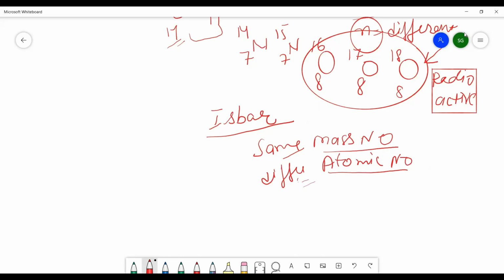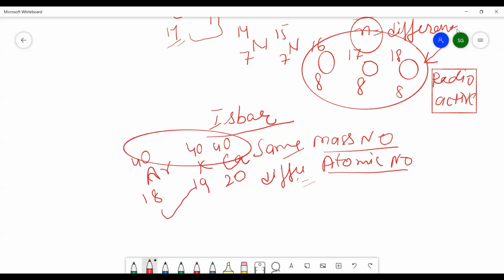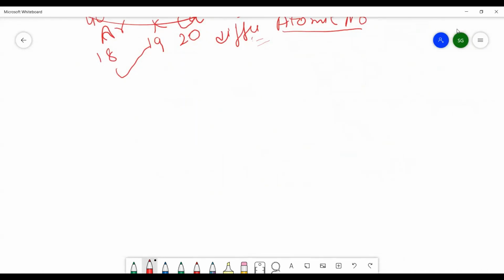You can take the example of argon, potassium and calcium. In all of them, the atomic numbers are 18, 19 and 20, but they have the mass number 40, 40 and 40. So the mass number is the same, but the atomic number is different. So these are called isobars.